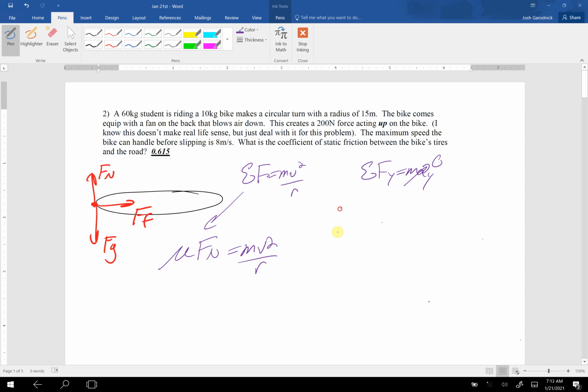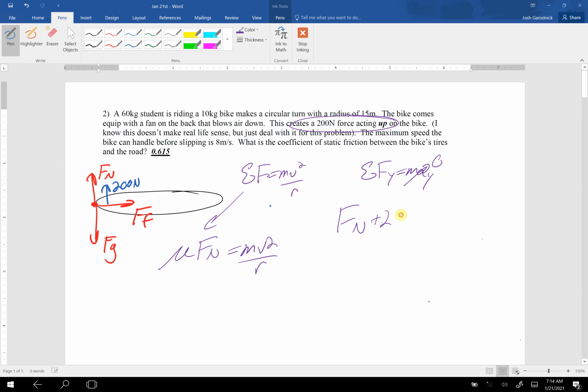There's a normal force up, but then this creates a 200 Newton force up. All right, well, I guess we should add that to our free body diagram. There's an additional 200 newtons up. No big deal. We just add that to our free body diagram and therefore add it in our y-axis.